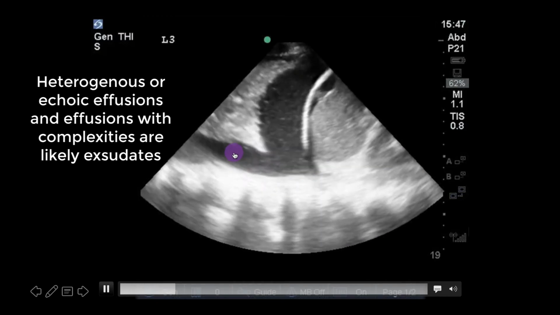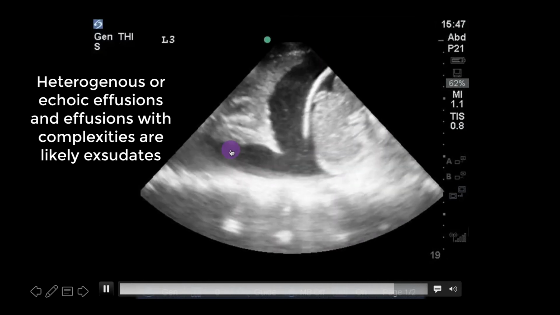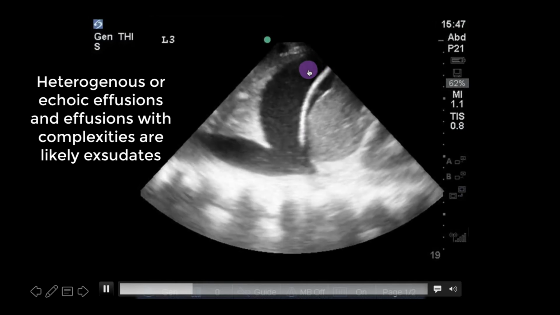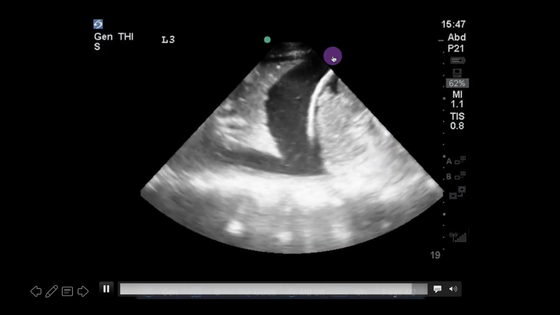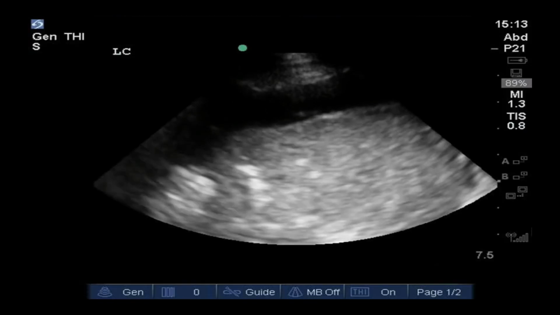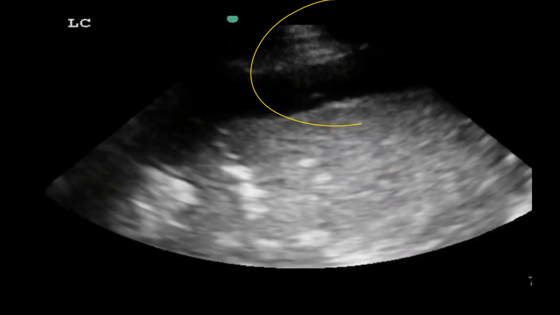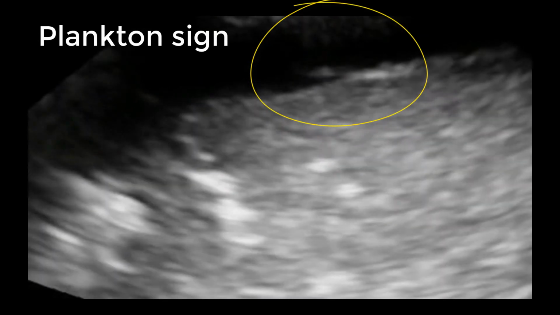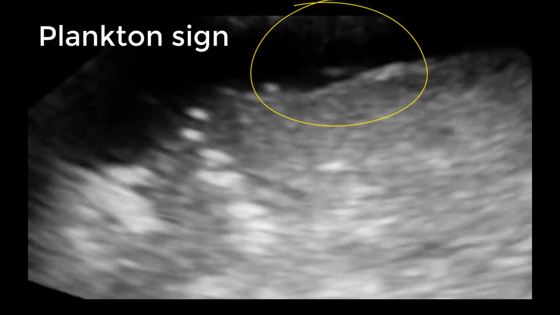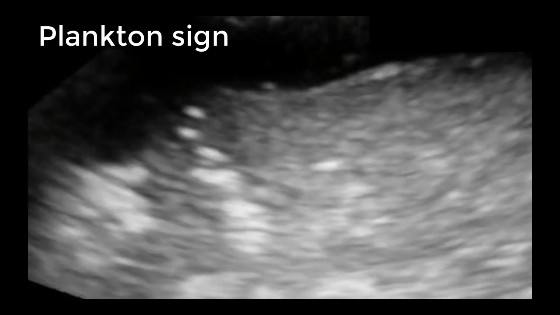Here, we can see that there is debris floating around in the effusion. This is termed plankton sign and suggests a complex or exudative effusion. Often, when we see the plankton sign, there will only be one or a few small complexities floating around in the fluid, so it'll be important for you to keep a watchful eye.